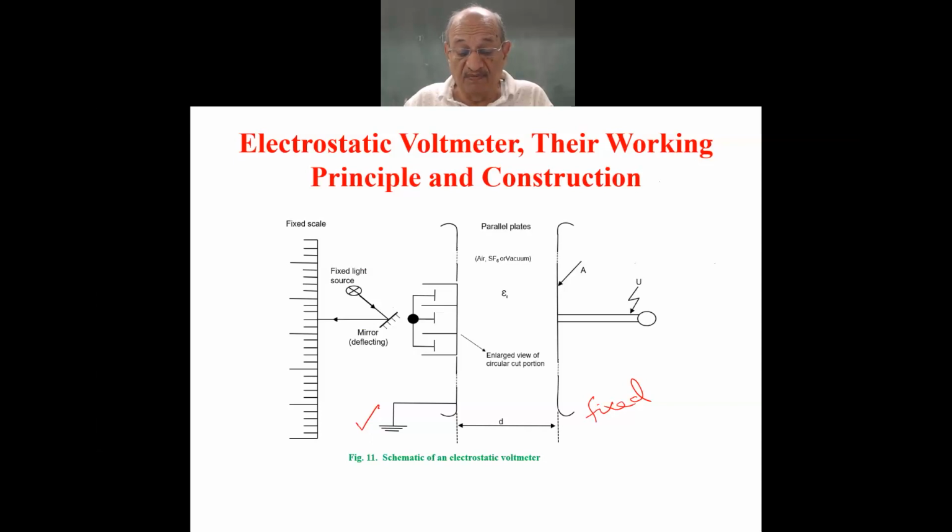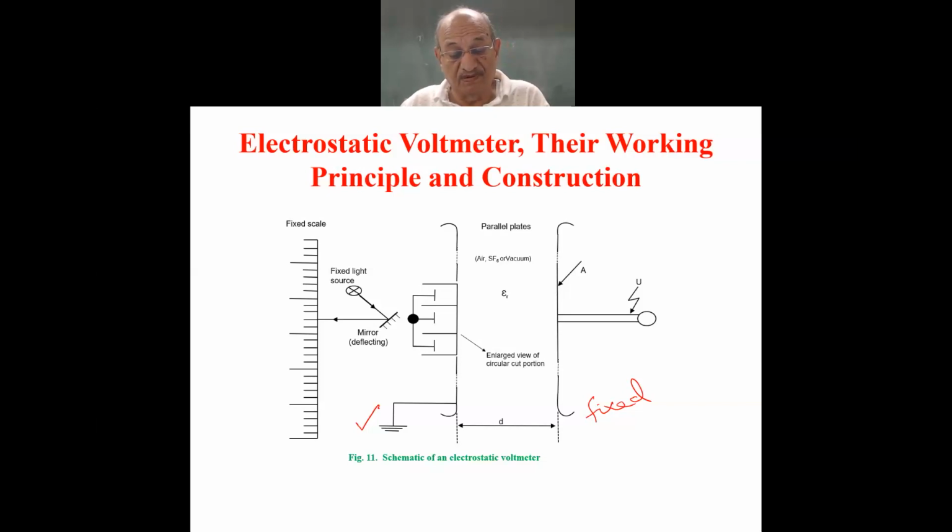Movable electrode means that when you measure the voltage in a wide range, you may have to set the designed gap distance between the two electrodes.